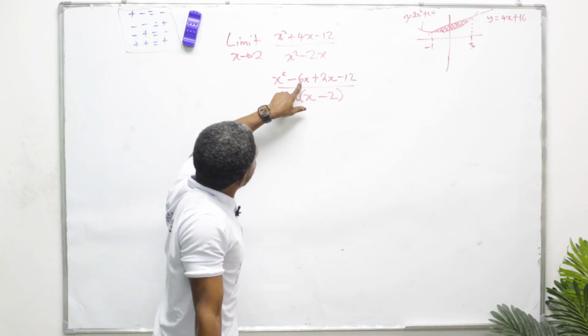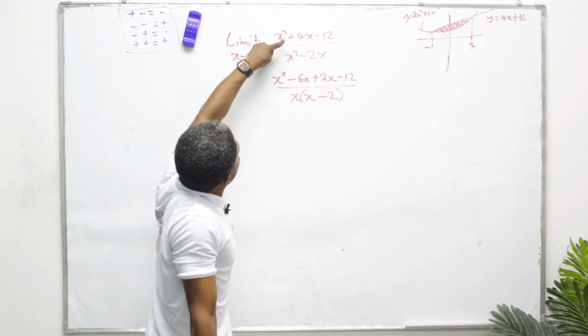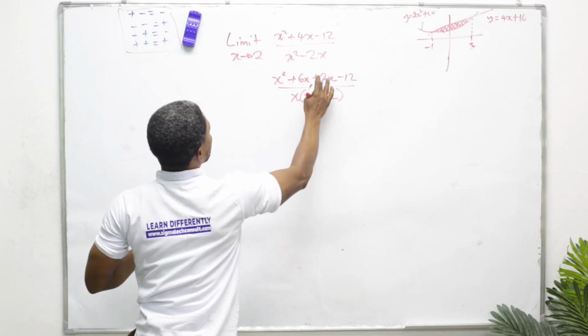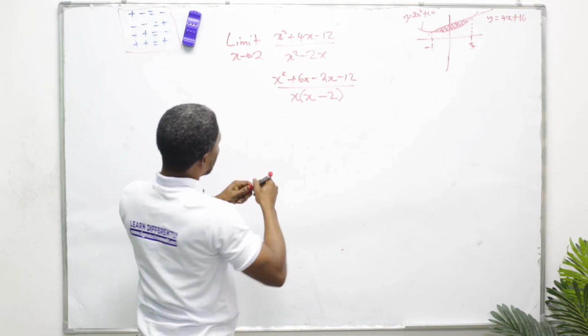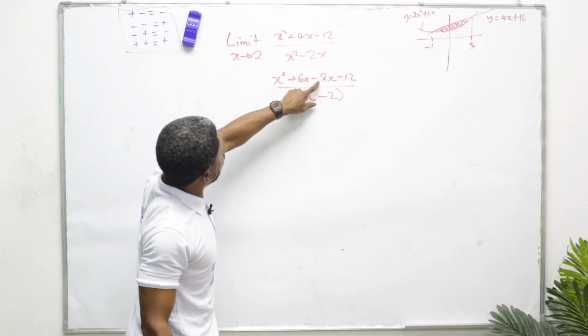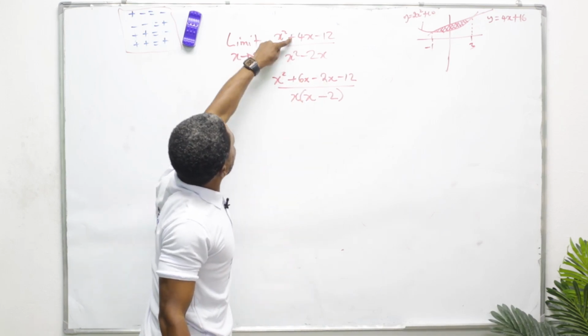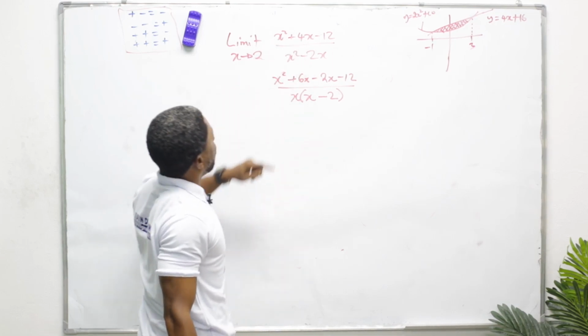If I say plus 6 minus 2, it will give me plus 4. You must know how to factorize.